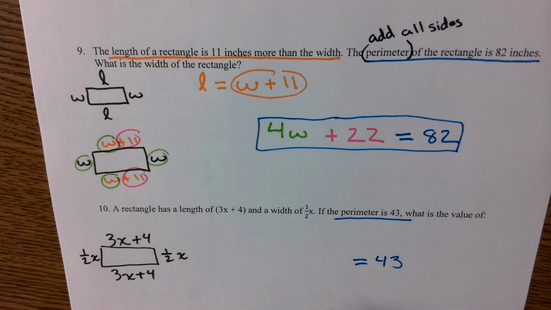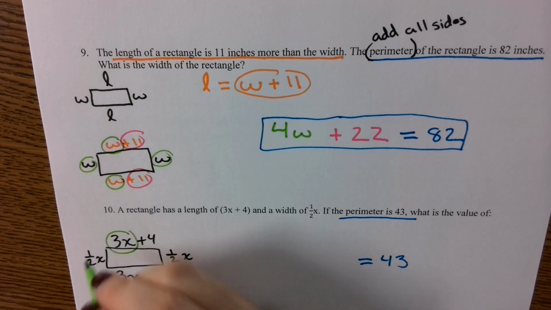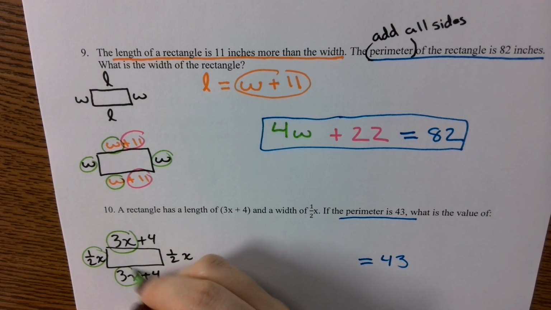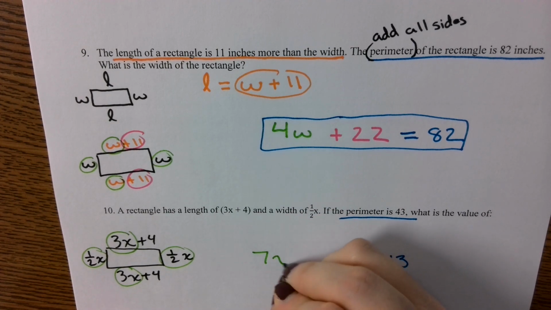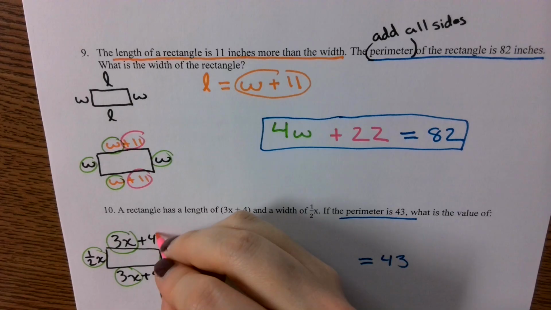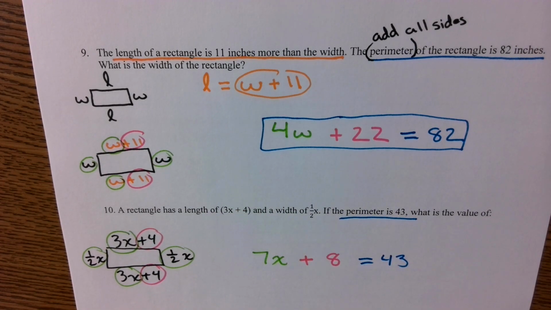So I'm going to add all 4 sides together. So I'm going to add my coefficient terms first. So 3x plus half of an x plus 3x plus half an x. That's going to equal 7x. Then I've got a positive 4 and a positive 4. That's going to equal a positive 8. So there is my equation.